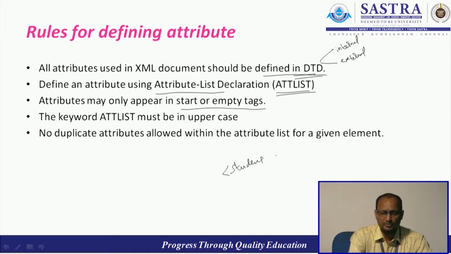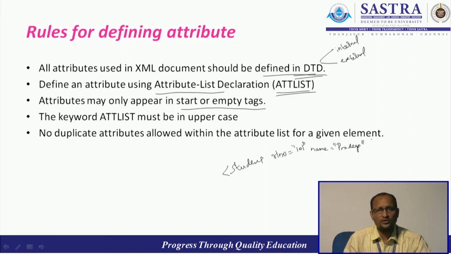Here only I have to specify the attributes, like roll number 101, then name Pradeep. Suppose I don't want to have any text or child element, then I can close it with the forward slash symbol. It has been defined here.